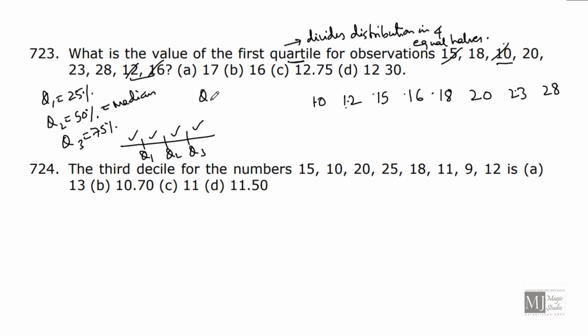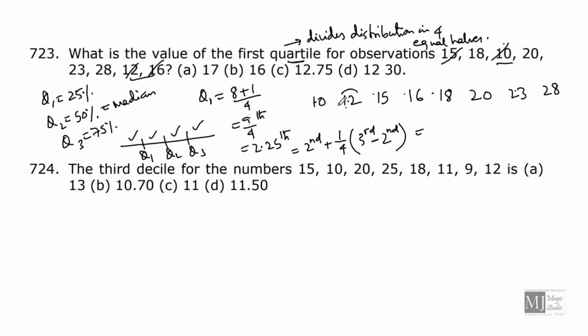The first quartile would be given by 8 plus 1 by 4, that is the 9 by 4th member. 9 by 4 is the 2.25th member. The 2.25th of the distribution means the second observation plus 25% of the difference between the third observation and the second observation. So the first quartile would be the second observation, 12, plus 1/4 of the third observation minus the second observation. 12 plus 3 by 4 is 12.75.